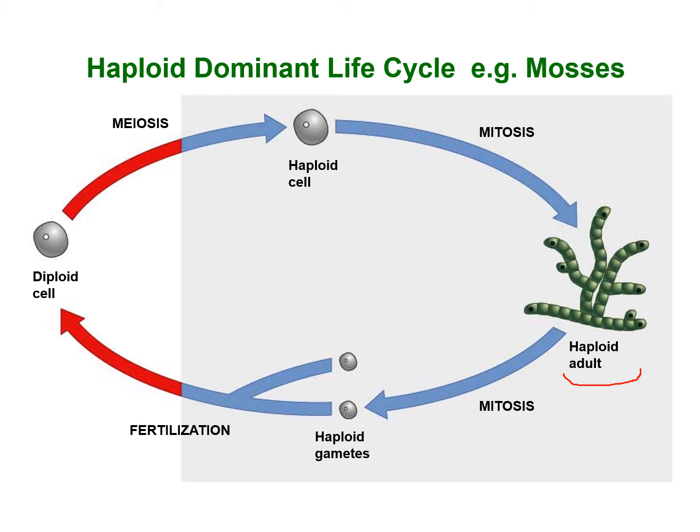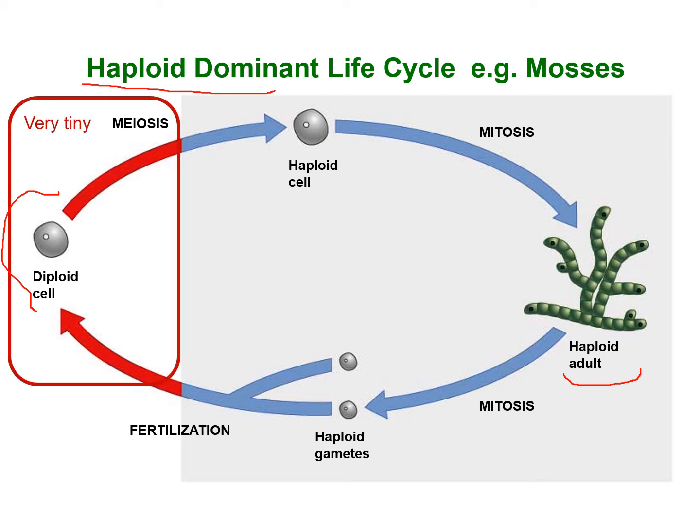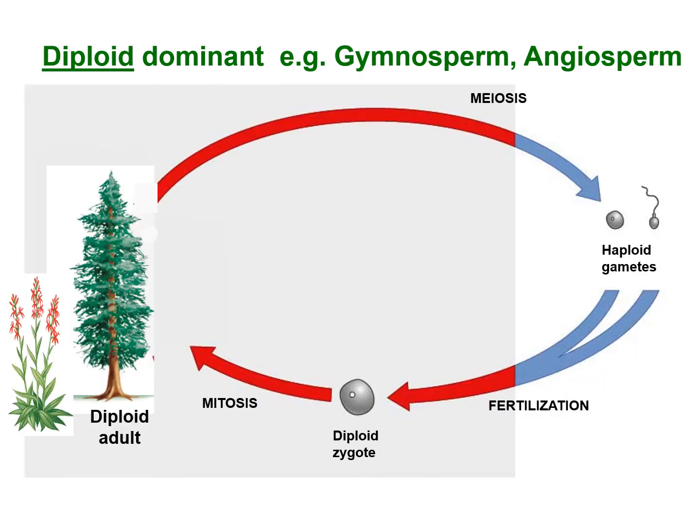Whereas in this case, we have a very minimal diploid phase, and that's why it would be haploid dominant. So an example of this is mosses. We're going to come back to this in a little more detail in a moment. So yes, the diploid phase is very, very tiny in this case.